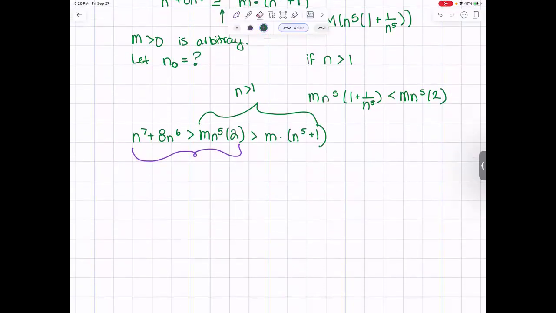Well, let's isolate n in terms of m as we have been doing. So we have this n to the 7 plus 8n to the 6, which is less than 2 to the m times n to the 5.